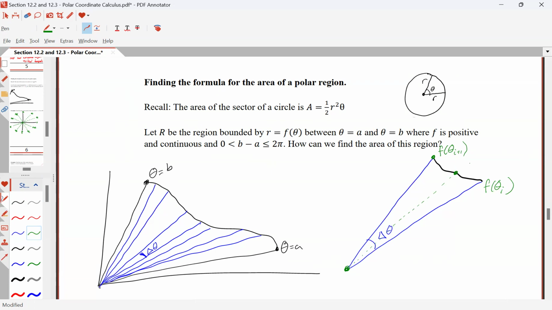And somewhere in the middle, we've got f of theta i star, just something between this random interval, where we have broken this up into 1, 2, and so on, until i plus 1, all the way up until b. We've split up this interval.